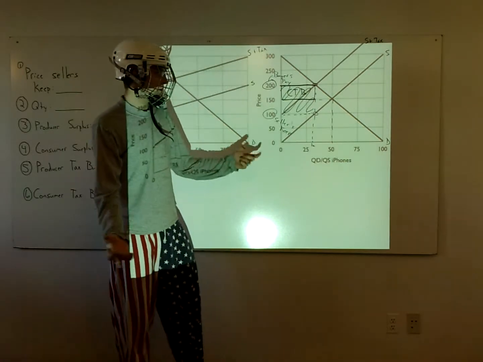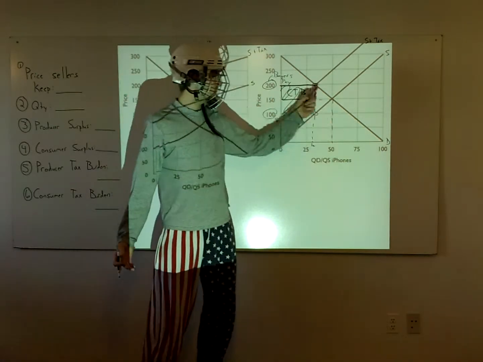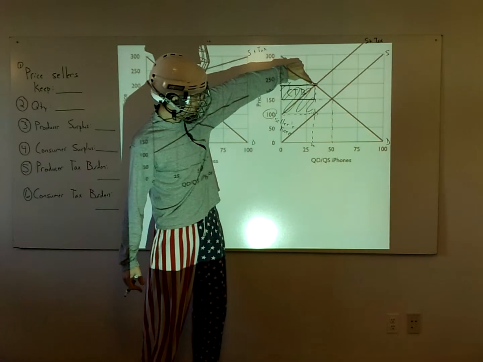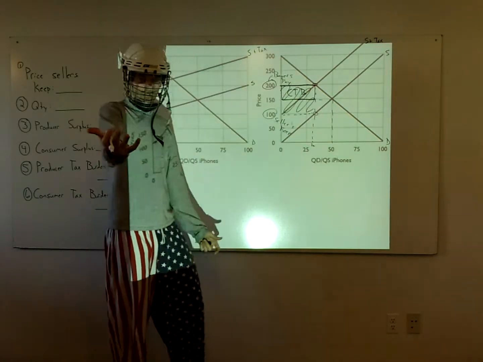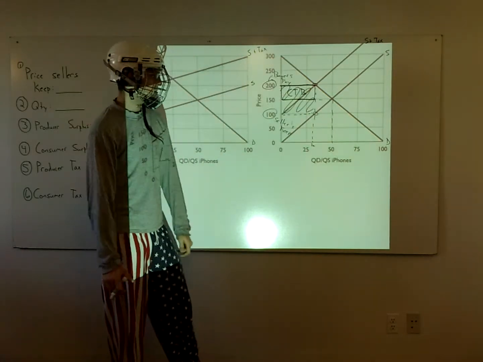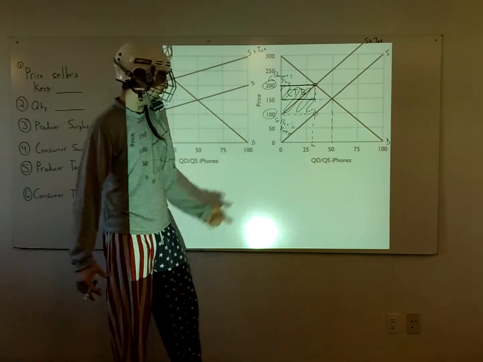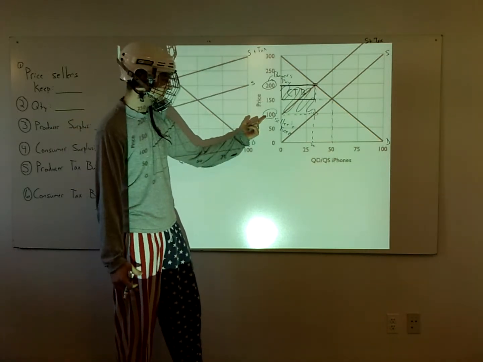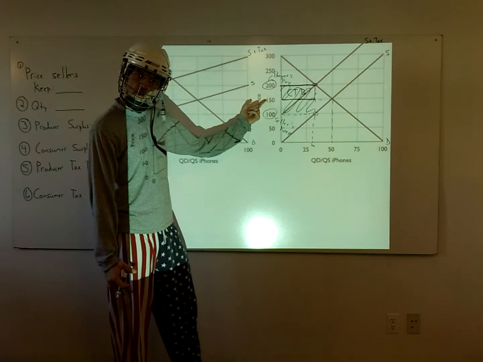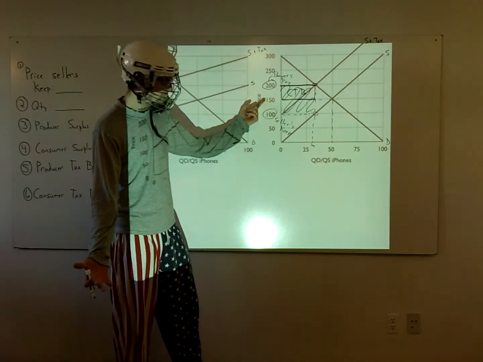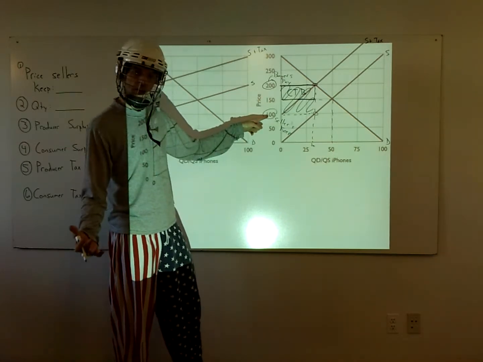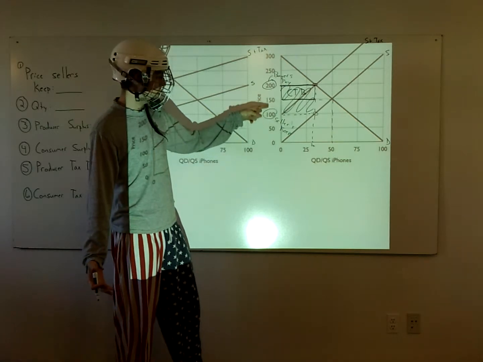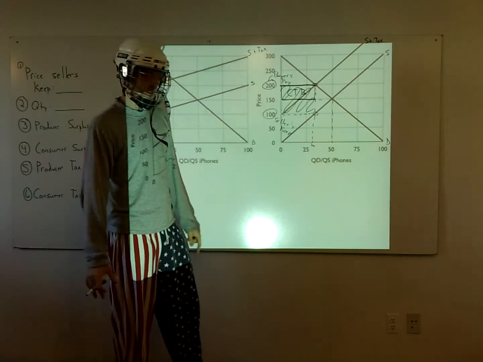And that's our consumer tax burden. One way that I always used to remember it, your consumer is represented by your demand curve. Well, this box touches the demand curve. Okay, so that's your consumer tax burden. On the bottom half of this box, we've got 150 to 100. 150 was the original price that the sellers got to hold on to, but now with the tax here, they only get 100 bucks. So that cost them $50, this tax did.